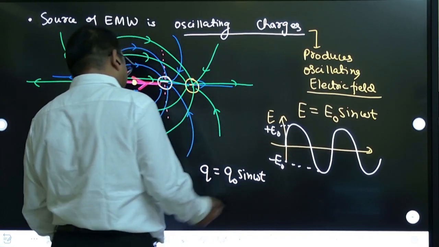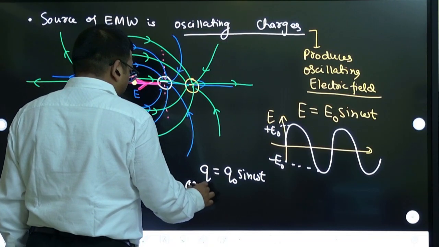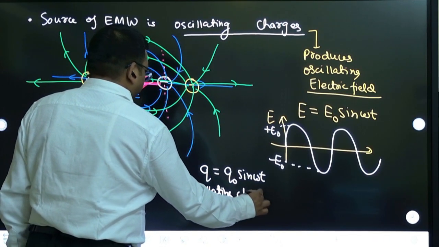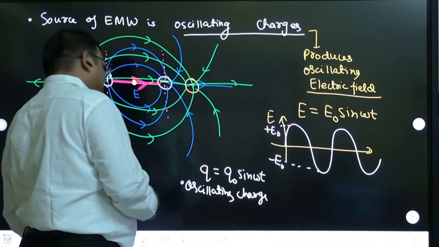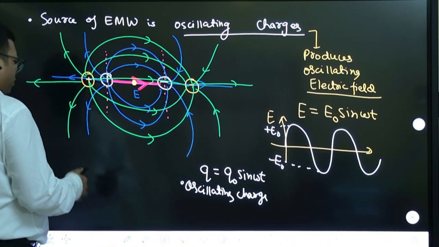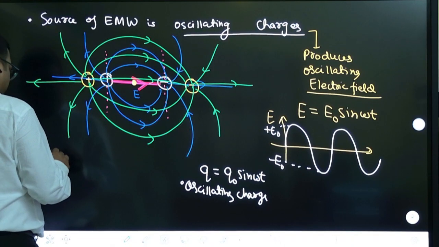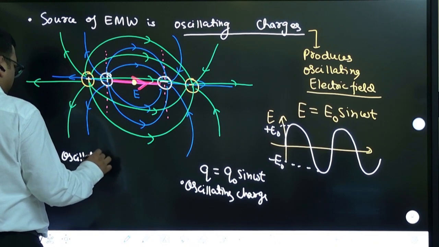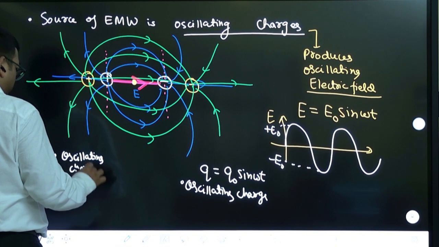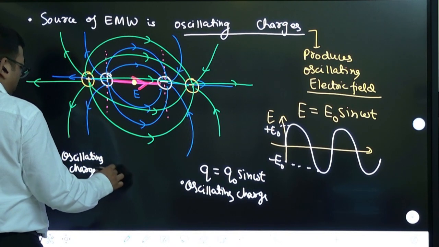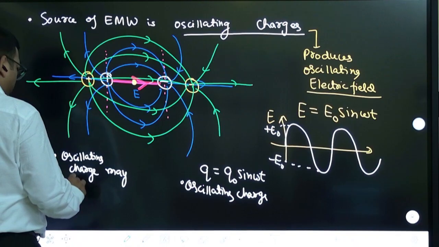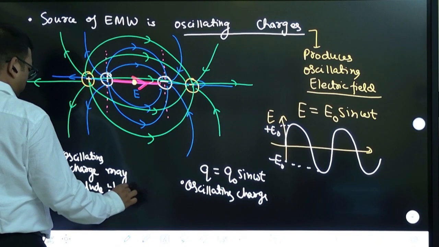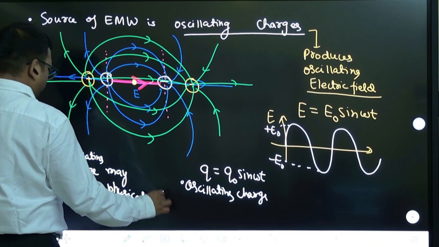This is also an oscillating charge. So oscillating charge can mean charge value changing, or physically charges are oscillating. Oscillating charge may include physical motion of charge particles.